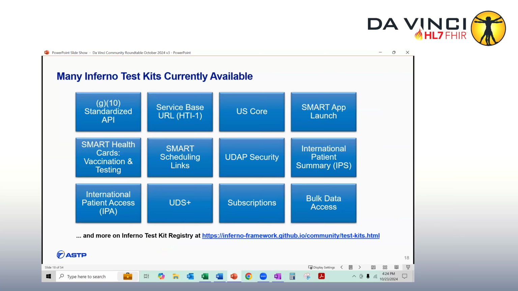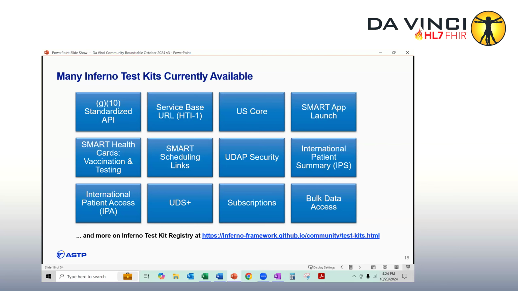So many Inferno test kits are currently available. And to illustrate this point, this slide shows some of the test kits that are available online. Additionally, the Inferno test kit registry has more information and additional test kits listed. So there's many test kits available there.